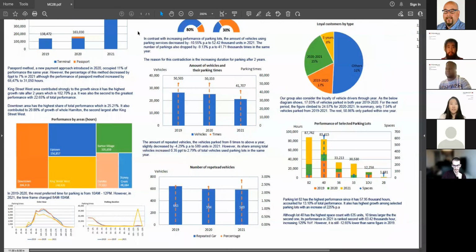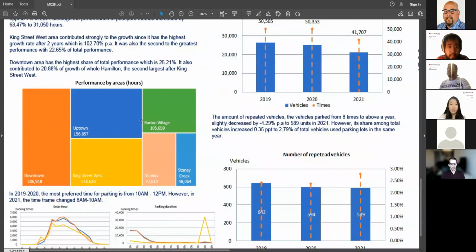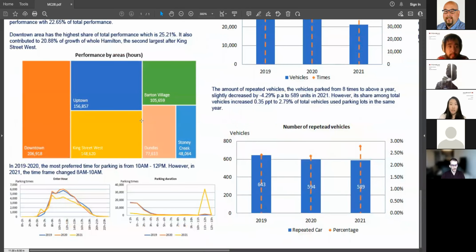Hello, everyone. My name is Grace, and now I will be taking over the next part of the analysis. So first, we see this diagram that's titled Performance by Areas. So right now, I'm going to take you through the analysis of the main 6 areas in Hamilton.